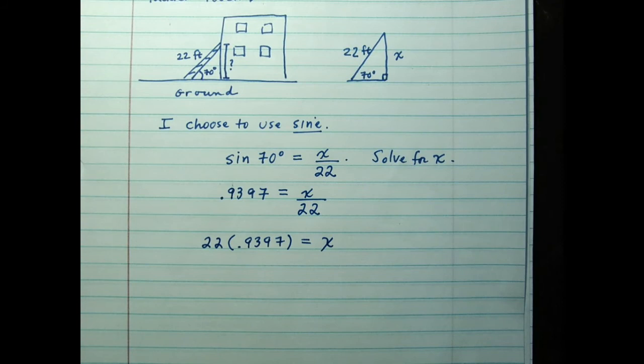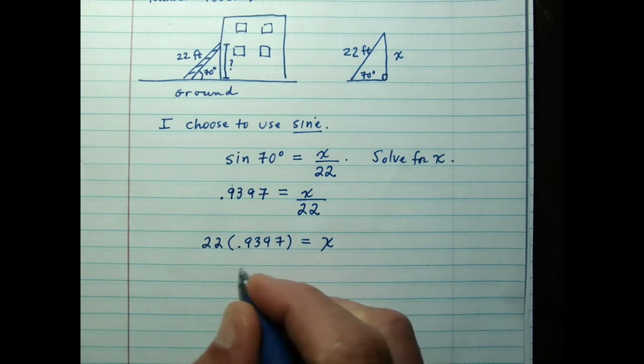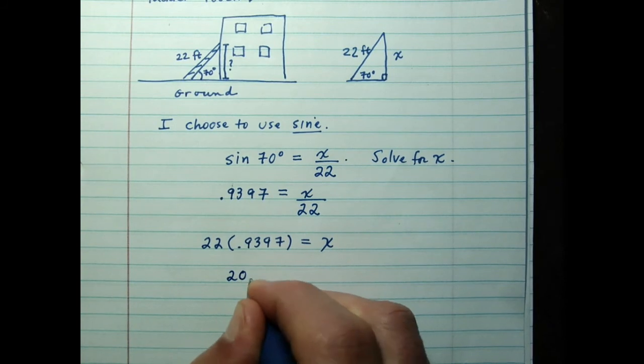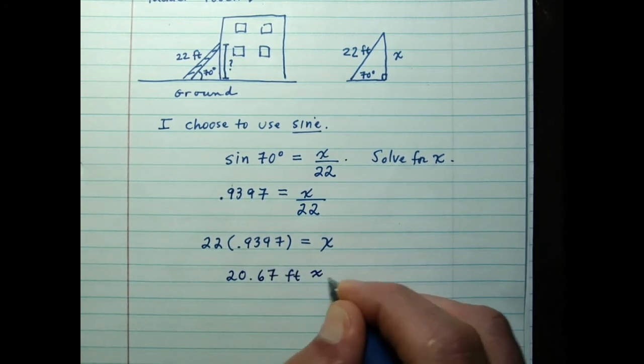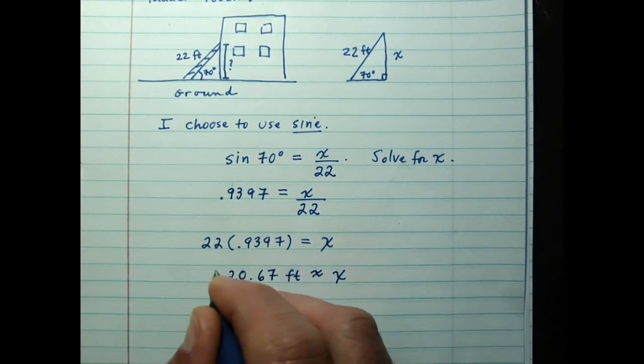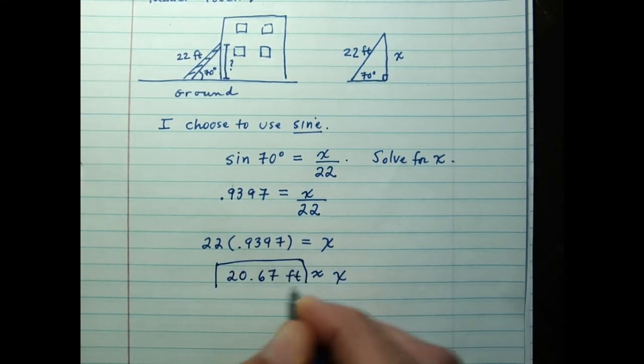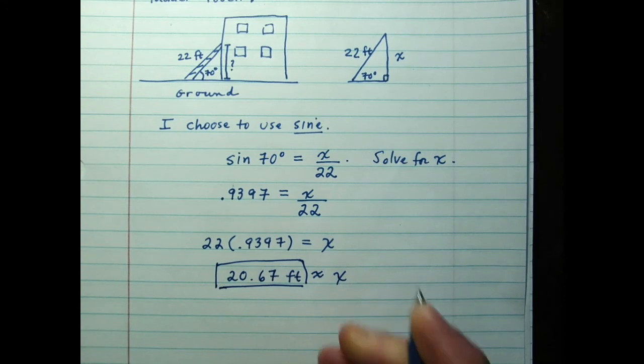So I have 0.9397 times 22 is 20.6734. So 20.67 feet is approximately, and very close to, the value of x that we want for this problem.